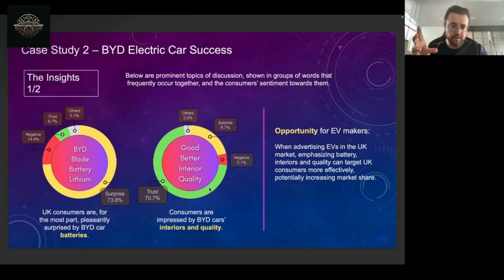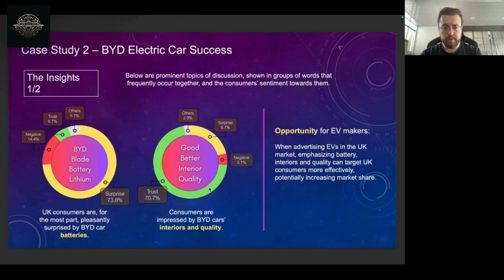How do you read that? You can say that UK consumers are, for the most part, pleasantly surprised by BYD car batteries, right? The people who are discussing BYD, they're discussing the battery, the model, and they're very pleasantly surprised about the battery life, you can say.